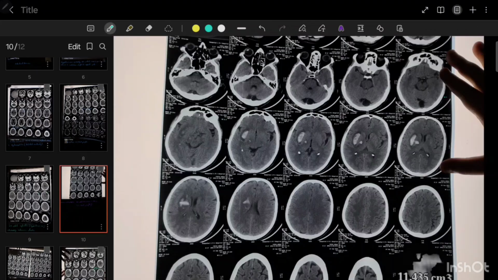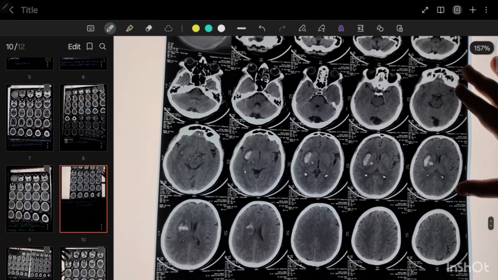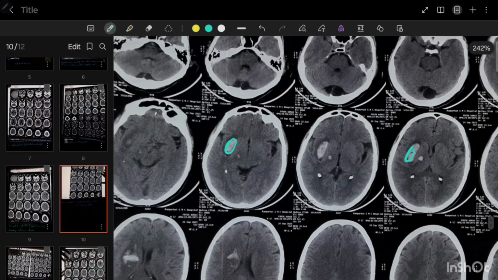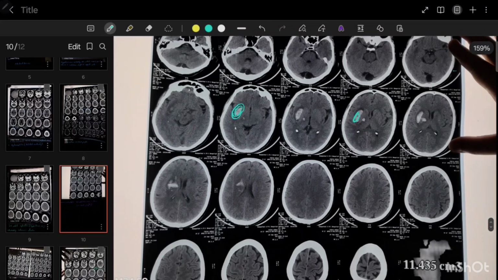Now see this CT scan plate. Here a hyperdense area, more white, and in the peripheral portion there is a hypodense area. In the center it is a hyperdense area which is encircled by a thin hypodense area, which denotes the edema.